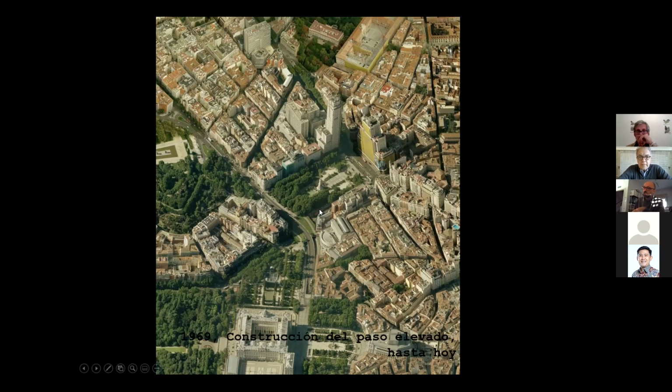But when they decided to do this Plaza de España, which has a very powerful name for Spain because it's the name of the country, they wanted to build here the ministers, some public buildings.